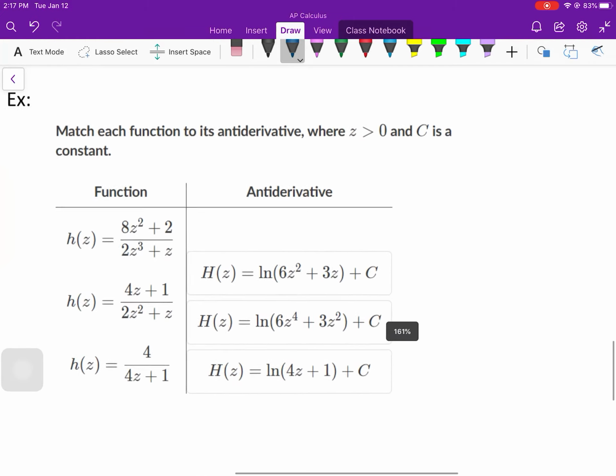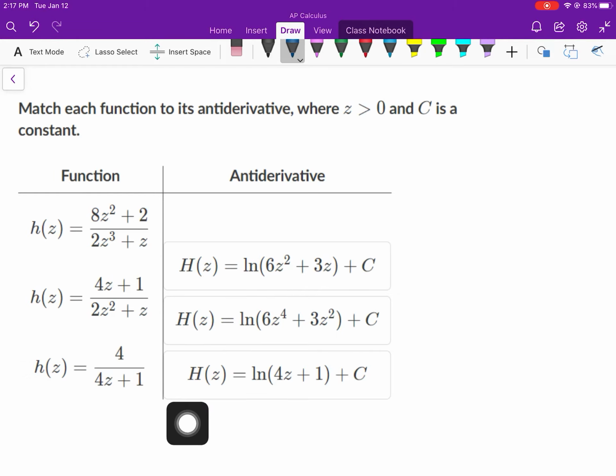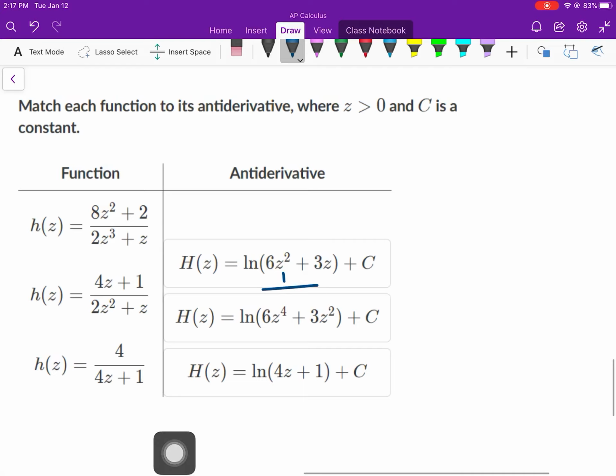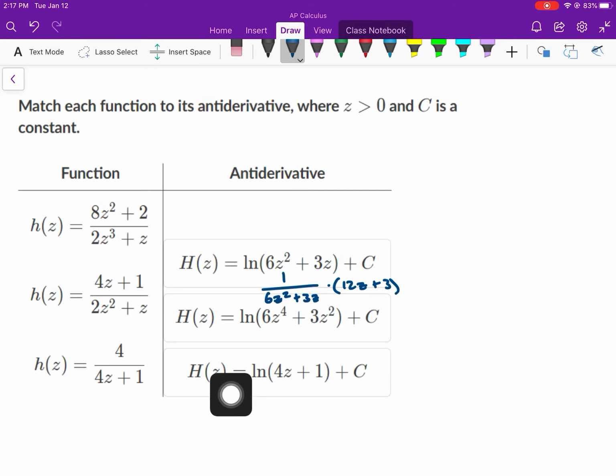And that's the idea. Remember natural log, how to take that derivative: 1 over the inside times the derivative of the inside. And that just goes into the numerator. And I think you can factor out a 3 from the top and the bottom.